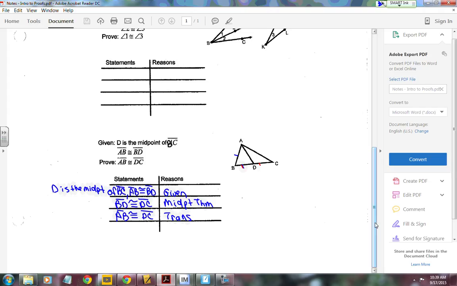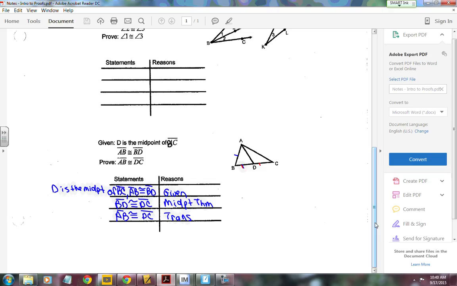Alright. Now, on your worksheet, I want to make 2 corrections. I also want to remind you that you cannot assume anything, okay? Bad things happen when you assume. Like if it looks like it's a right angle, you can't just assume it.